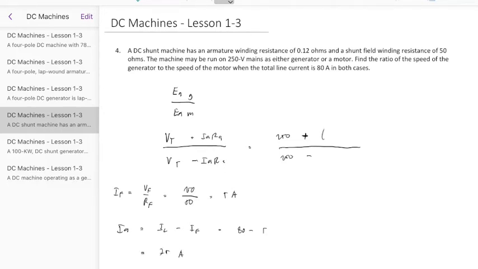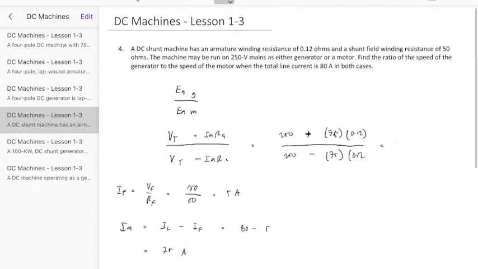So muna siyang gamiton dare, 75 times ato ang armature resistance, which is 0.12, the same pod sa baba. So ang answer ani is 1.074. So muna siya ang ratio. 1.074 is to 1.